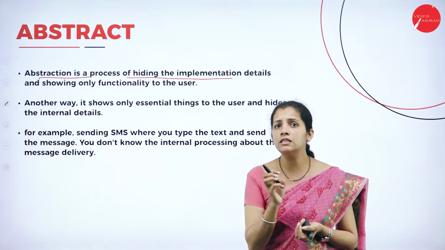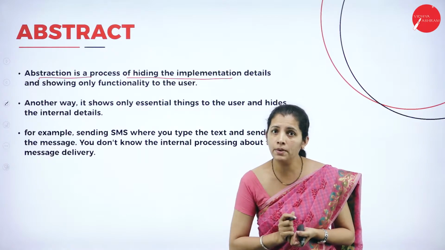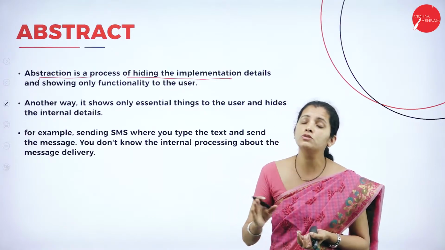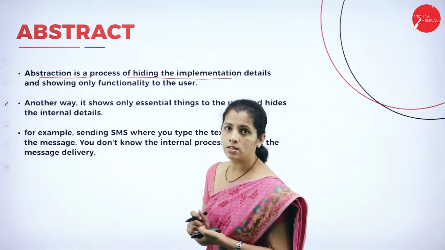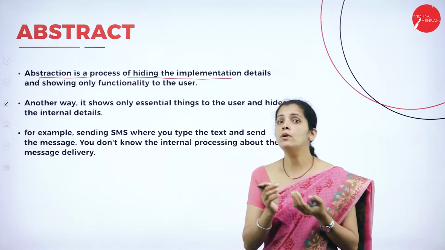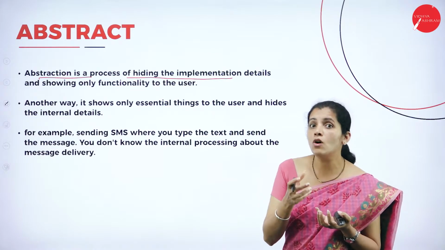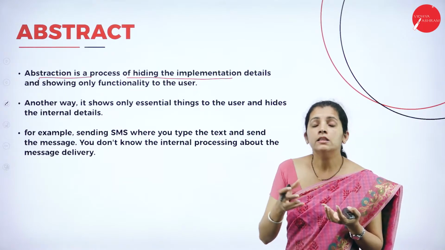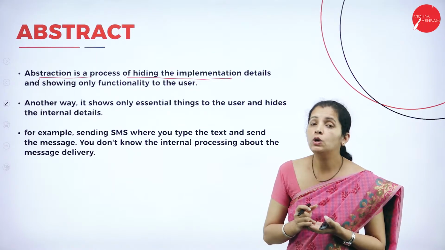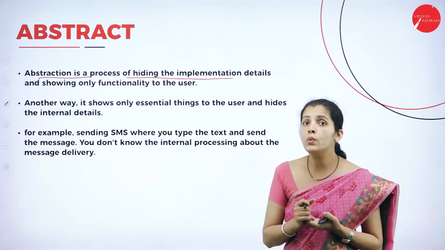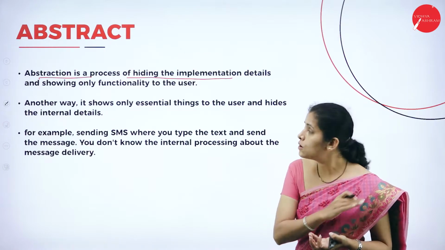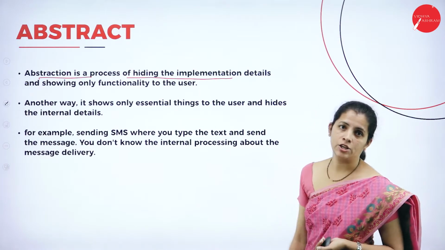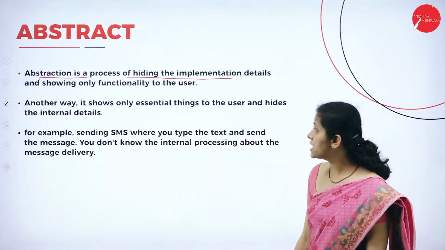Now let me consider a general example here, that most users use WhatsApp. They can use the functionalities of WhatsApp, but they are not able to access or view the back-end coding. So this concept is called abstraction. So what is an abstraction here?